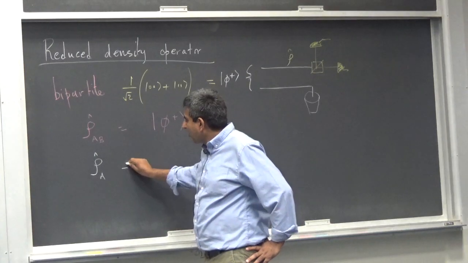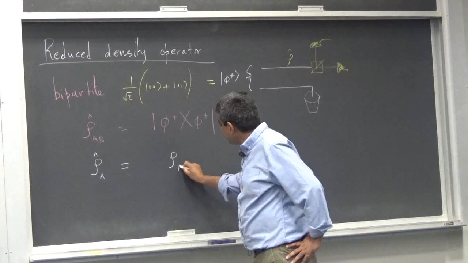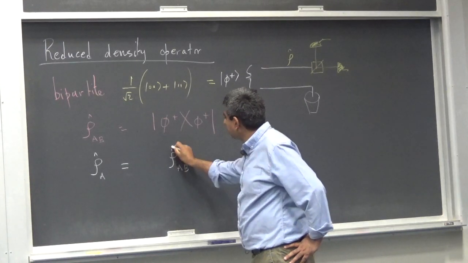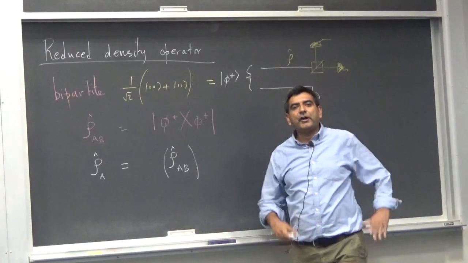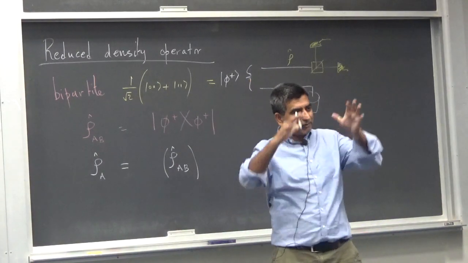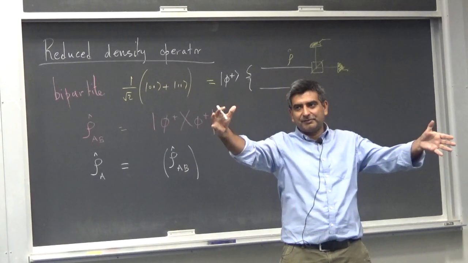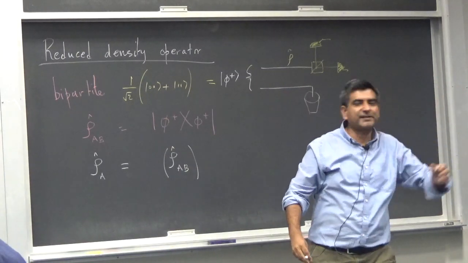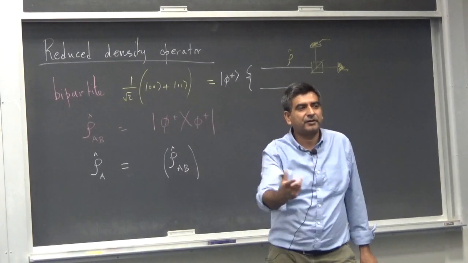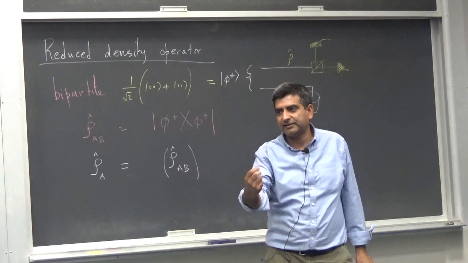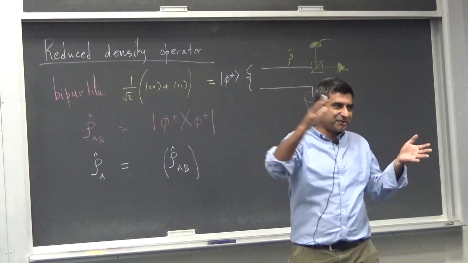And this reduced density operator is found from some operation on the big density operator. Now if you have a density operator, it's of course an operator. It has certain dimensions. Now if you were to take the trace of this density operator, what is the result? Is it a number or another operator? It's a scalar. It's a number. So the act of tracing reduces the dimensionality.